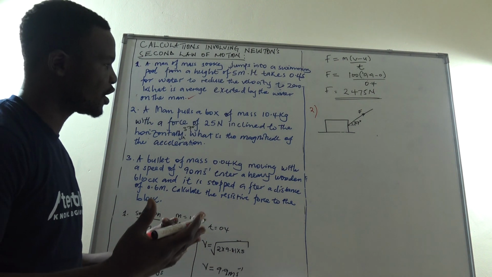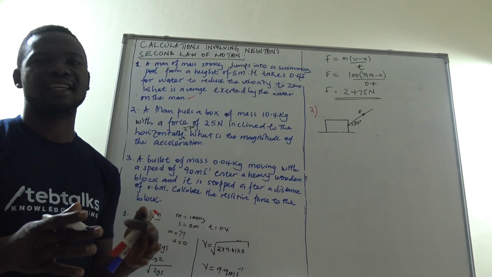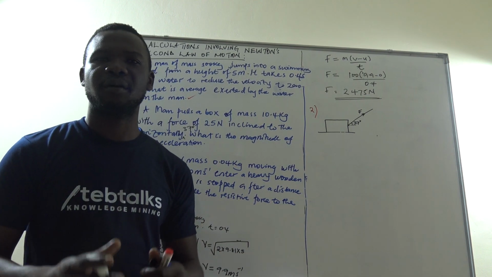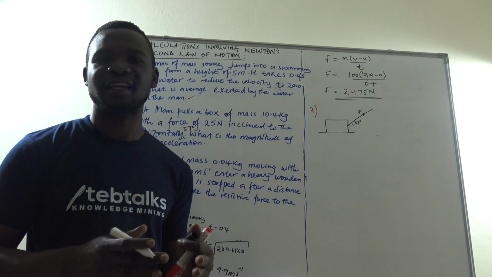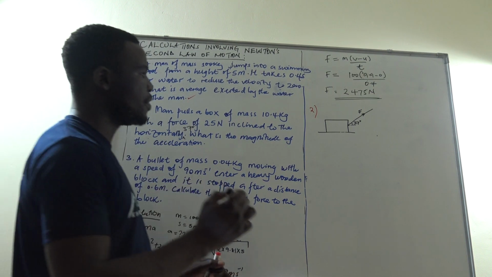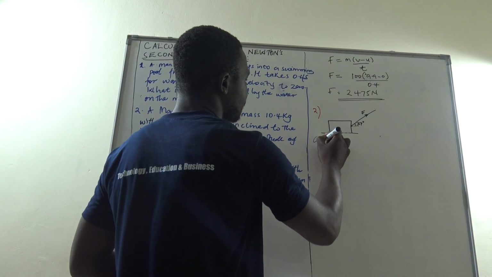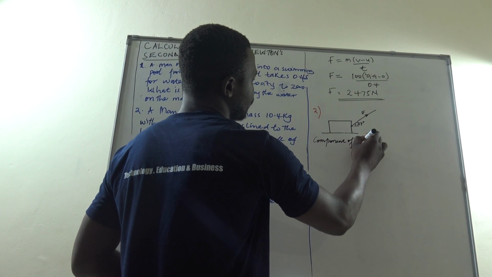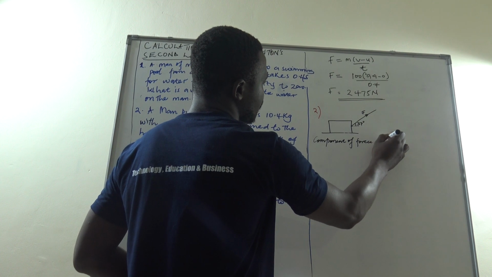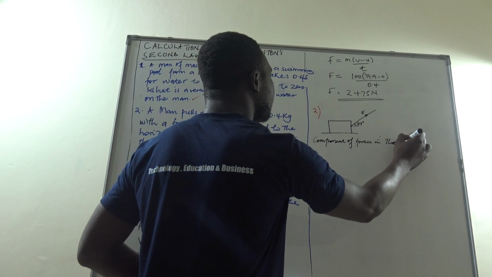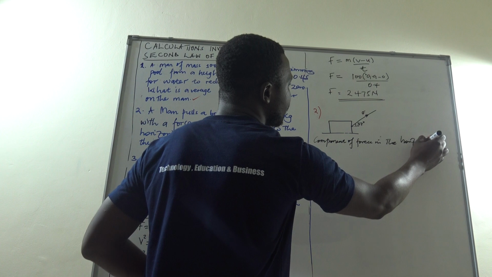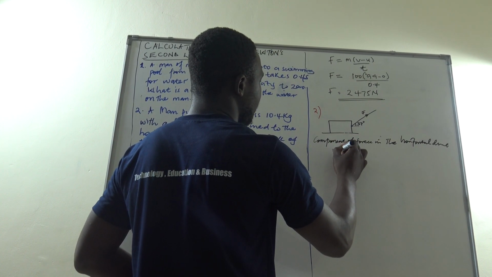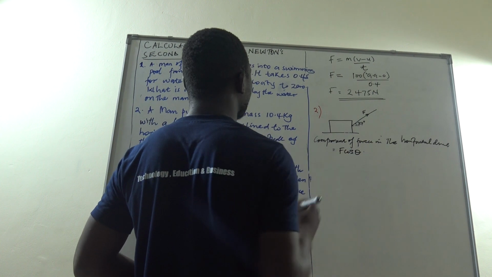Now, the force is 25, and the question says, what is the magnitude of the acceleration? When the force is acting at an angle, we are supposed to find the component of that force in that direction. So the component of force F in the horizontal direction is got from F cos the angle.